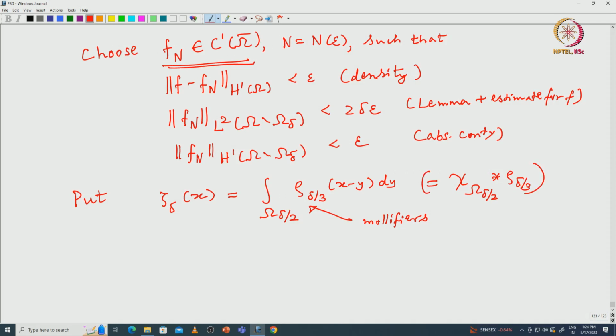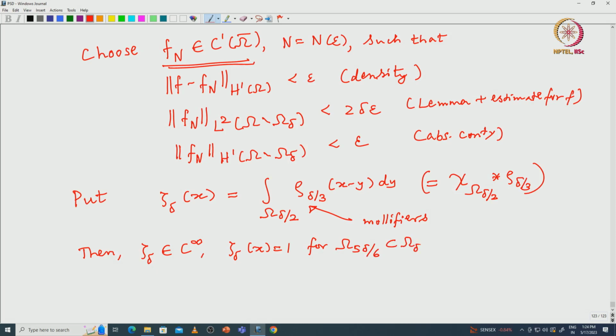So, then that implies j delta is C infinity. Let me write that. So, j delta of x is 1 for x in omega 5 delta by 6. These are crucial because we want this to be in omega delta.